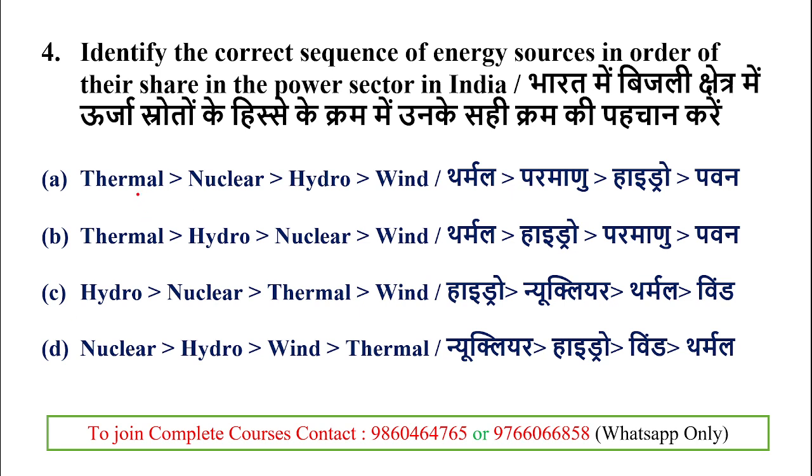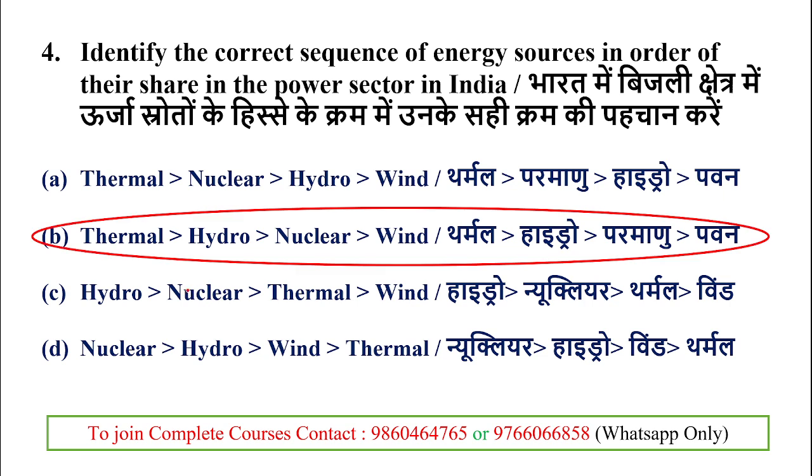So first, thermal energy gives the largest share to the power sector in India. Second is hydro, that is energy from water. Next is nuclear, which comes from nuclear reactions. And wind is the last one, contributing the least to the power sector in India.